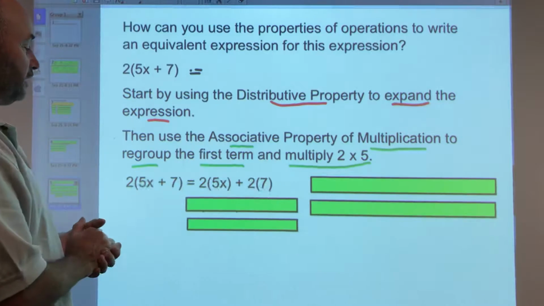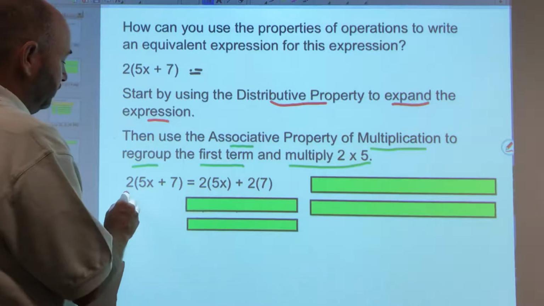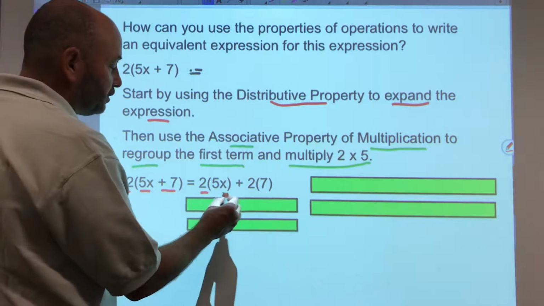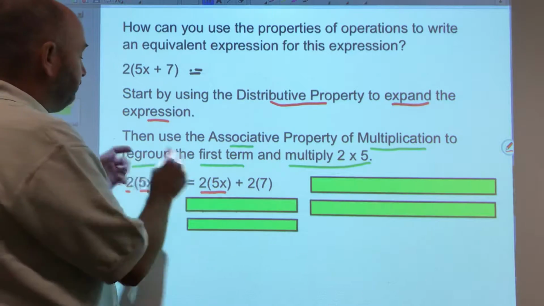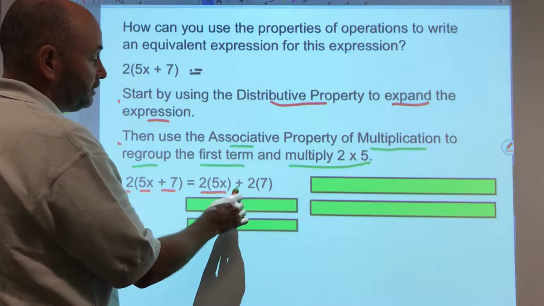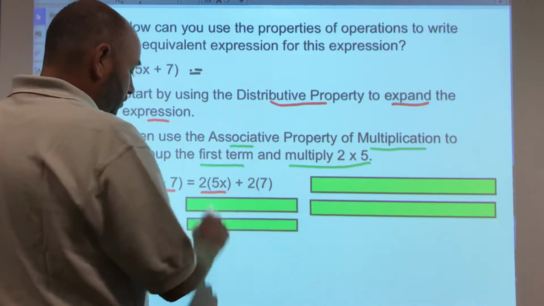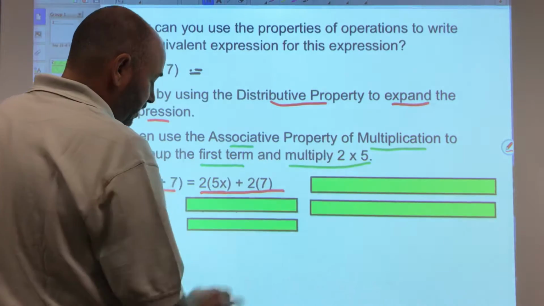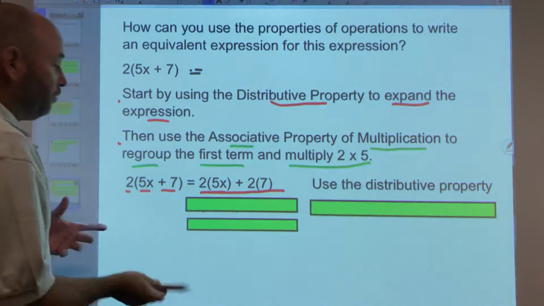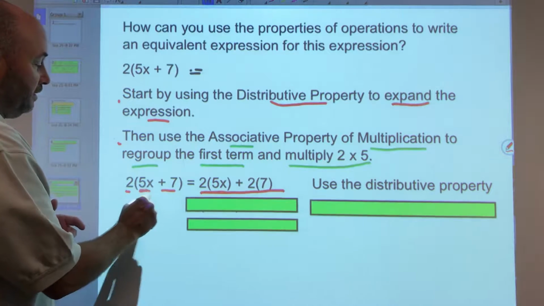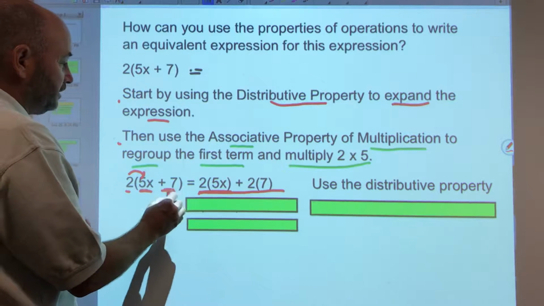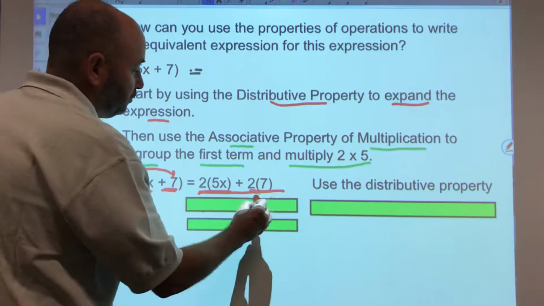Okay, so we're going to take our expression, which is 2 times 5x plus 7, and here's the equivalent expression that we would create following these steps. Okay, it would be 2 times 5x plus 2 times 7. Well, we came up with this expression right here using the distributive property. In other words, what we did was we took the 5x and distributed it to the 2, and then we took the 7 and distributed it to the 2 right there.